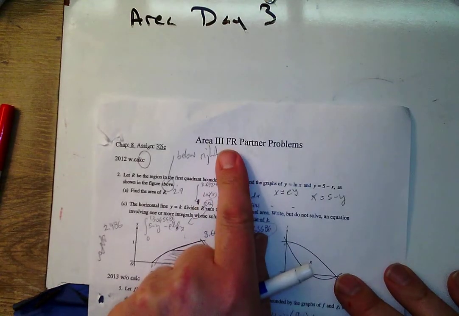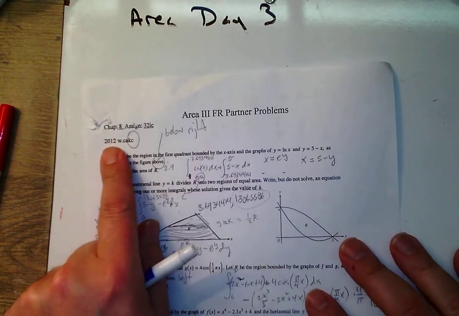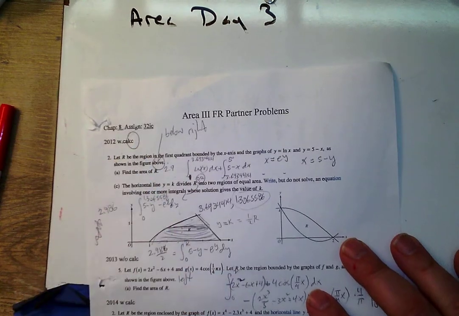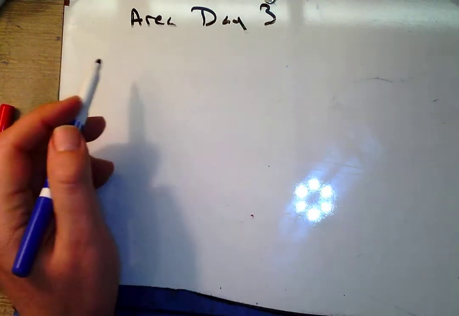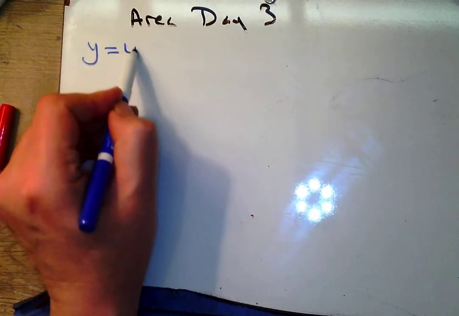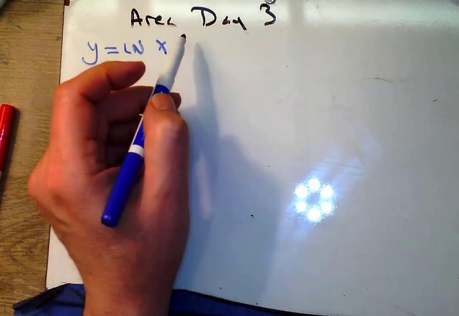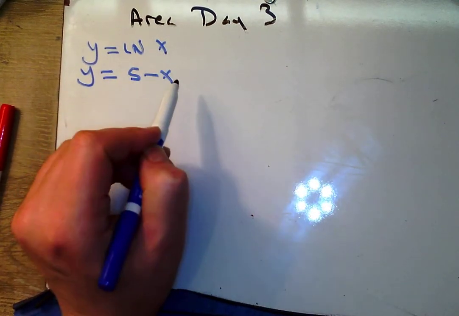I'm taking a look at this partner problems worksheet. 2012 with calculator. Let R be the region in the first quadrant bounded by the graphs of y equals ln of x and y equals 5 minus x.